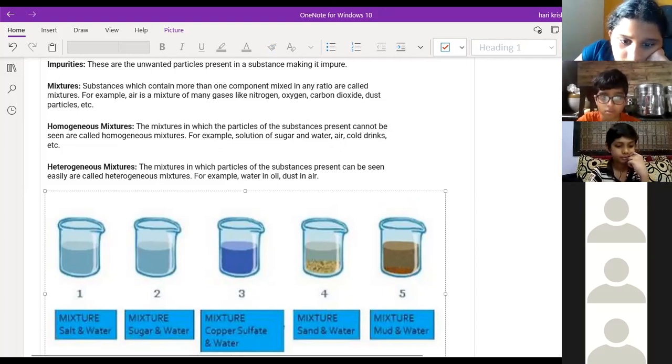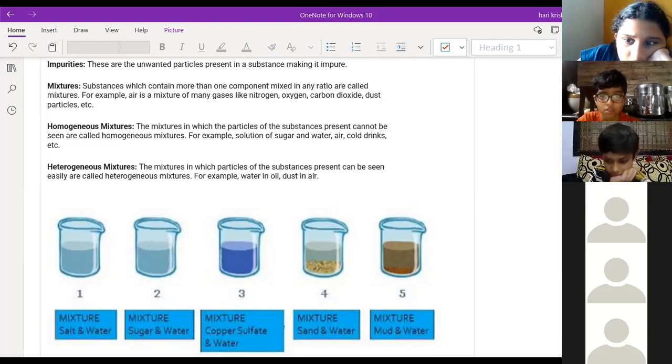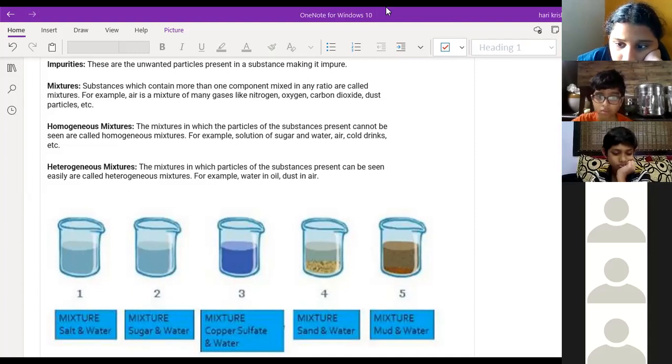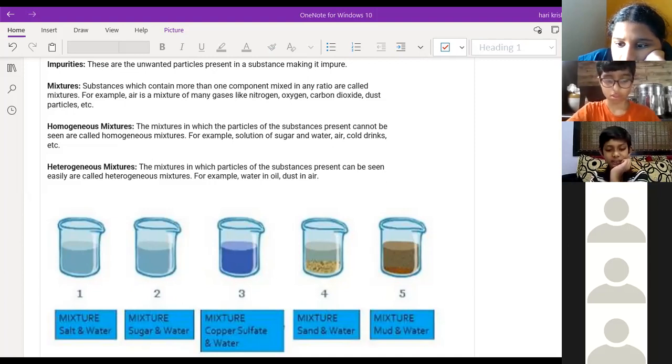I'm going to end the session early, within 2 or 3 minutes, as I have some other work. But do you understand what homework I have given and what topic we are discussing? Yes, sir. We need to write 10 examples of homogeneous mixtures and 10 examples of heterogeneous mixtures. Yeah, 10 examples.